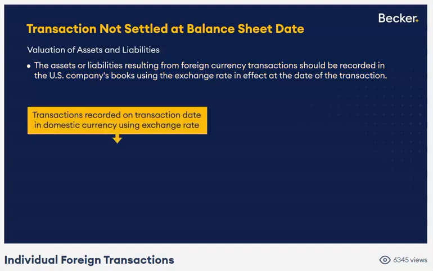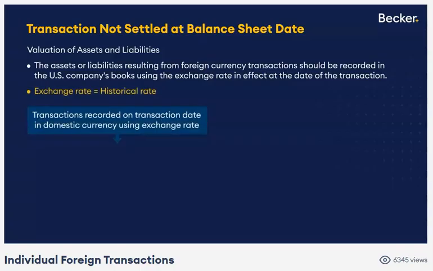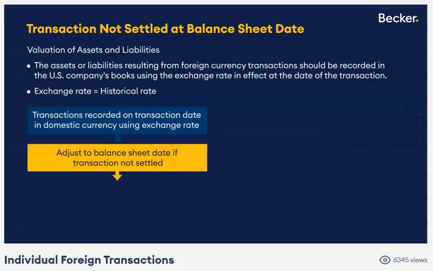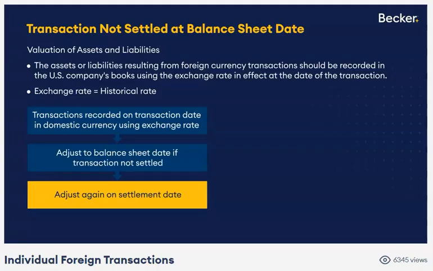So the transaction is initially recorded using the exchange rate in effect on the date of transaction. That exchange rate is going to be the historical rate. We'll then adjust to the balance sheet date if it's not settled by then, and then we'll adjust again once we get to the settlement date.